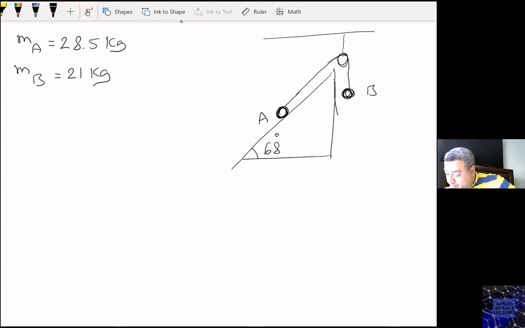So I have the normal force FNA pointing this way. I have the tension force T, which is the same here as well.